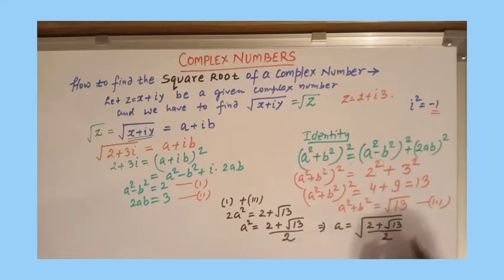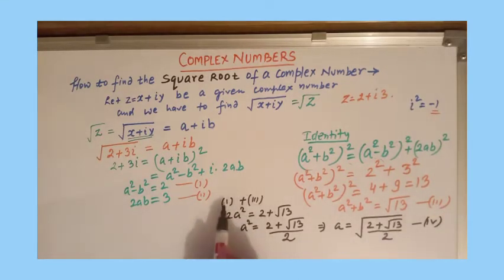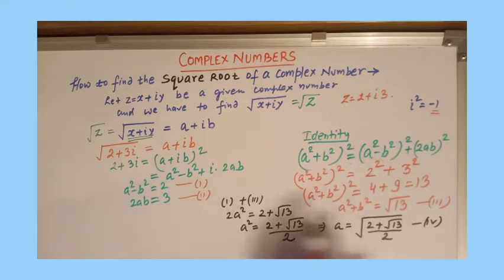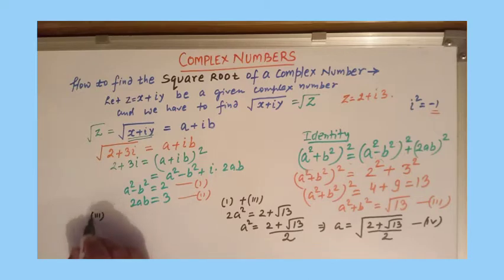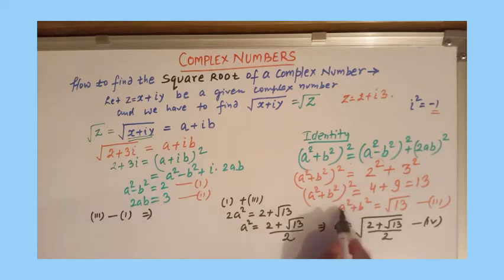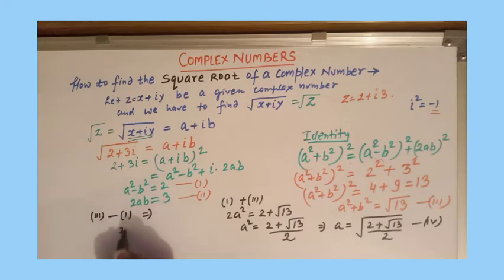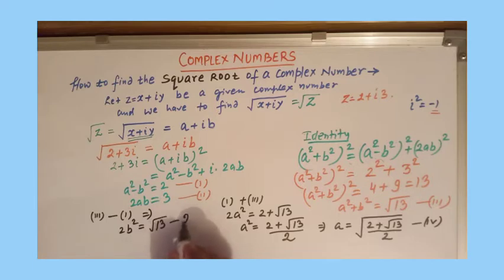Clear? Okay. Now let us subtract these two equations. That is, let us find 3 minus 1. Clear? So we'll have a square and a square get cancelled, so we have 2b square is equal to square root of 13 minus 2, and this can be written as b square is equal to (square root of 13 minus 2) divided by 2.